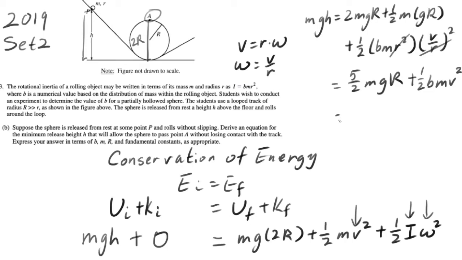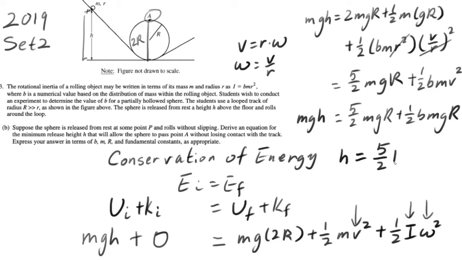So the right side equals 5/2 mgr plus 1/2 bmgr. The left side is mgh, so we can cancel out mg on both sides to get that h equals 5/2 r plus 1/2 br.